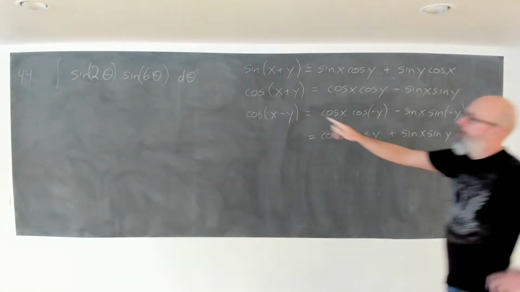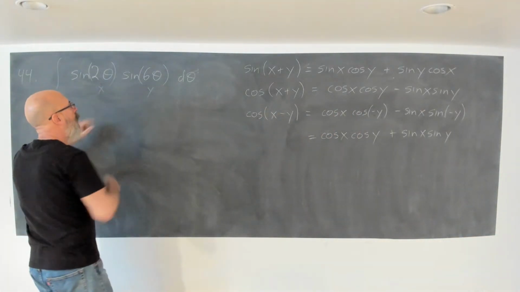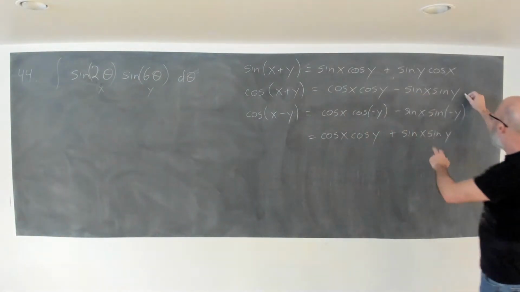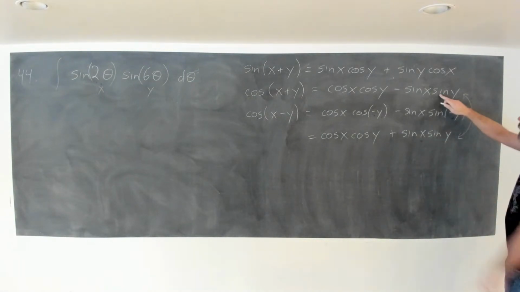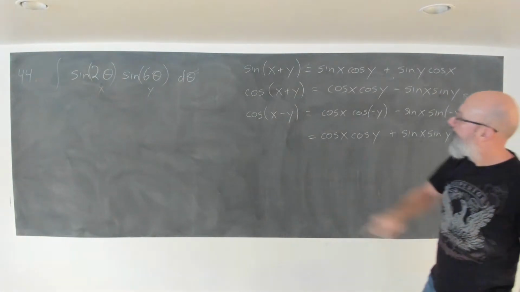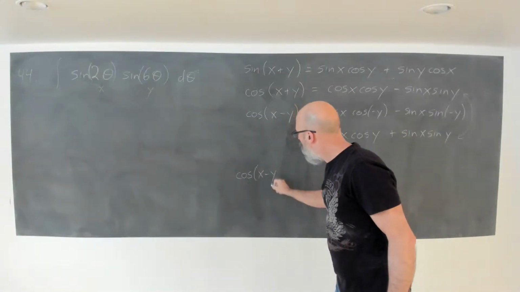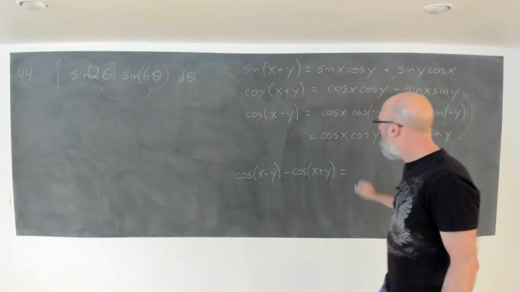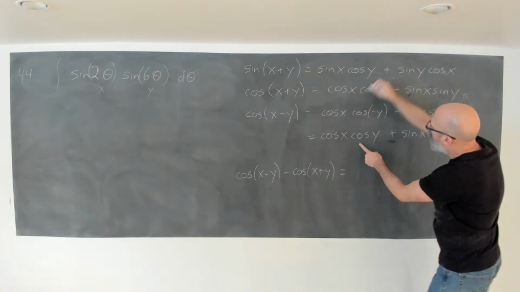And now, if you look at this, you have sine of x, sine of y. So if you use these two, if you do this minus that, so cosine of x minus y minus cos of x plus y, these cancel out.